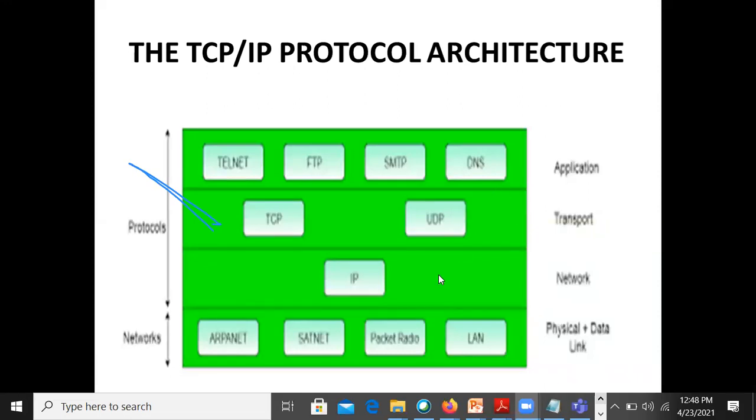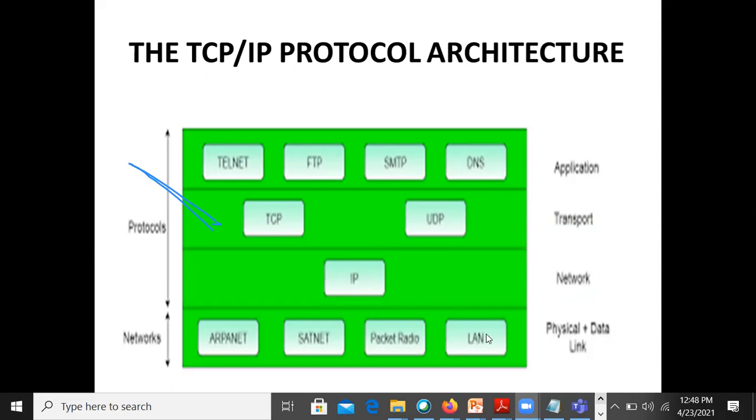In the networks, how the path has to be identified is taken care of by the network layer. In identifying the path we need to identify the devices, so the devices are identified with the address, that is the IP address. IP means internet protocol. That is taken care of by the network layer.